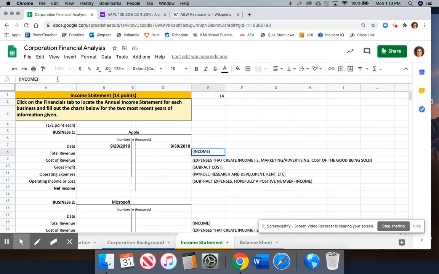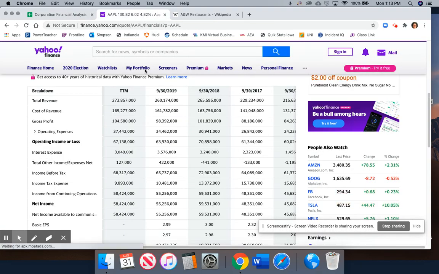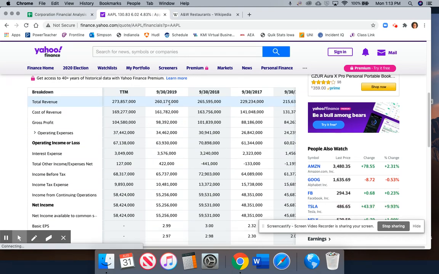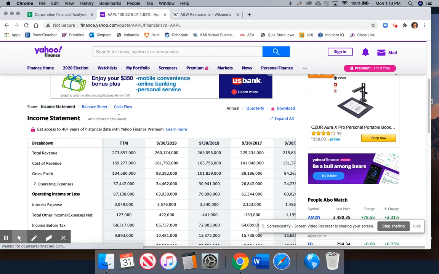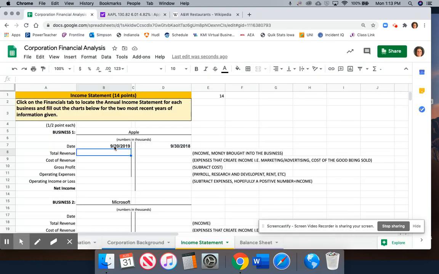Some might call that income or money brought into the business. So the total revenue for Apple in 2019 was 260,174,000. These numbers are all in thousands. So that's crazy. We'll write them in here just as they are.